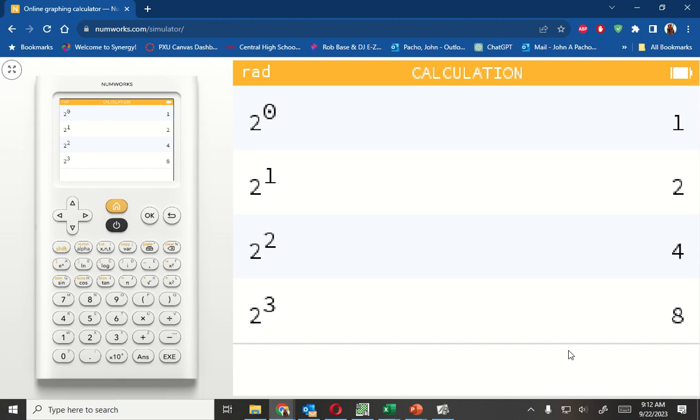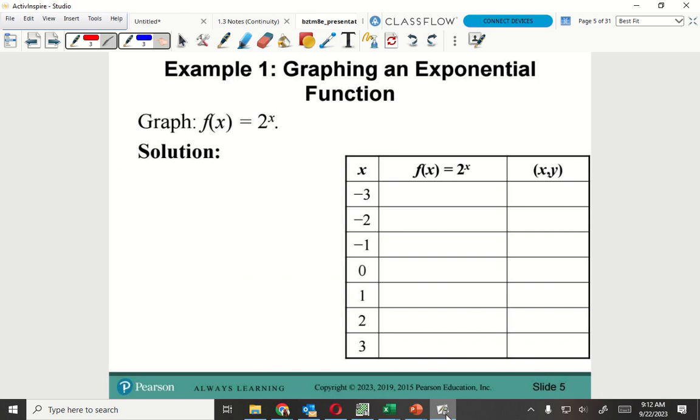Now let's go through and fill in our table because you guys just did those. We started from -3 to 3. So this is going to give me 1/8. Or if you want to put 0.125. Yeah, there we go. And this one would be 1/4 or 0.25.